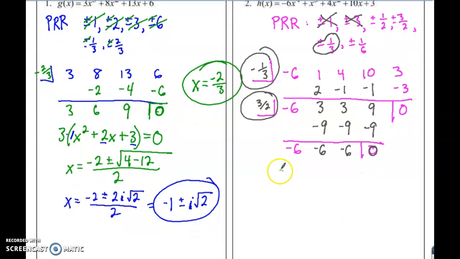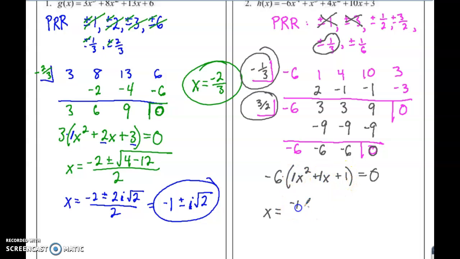And now I have a quadratic where I can factor out a -6. So now I can just write it as x squared plus x plus 1 is equal to 0. And just like over here, remember, you can treat this -6 as if you divide it over, because we only care for the x values. So a value is 1, b value is 1, c value is 1.